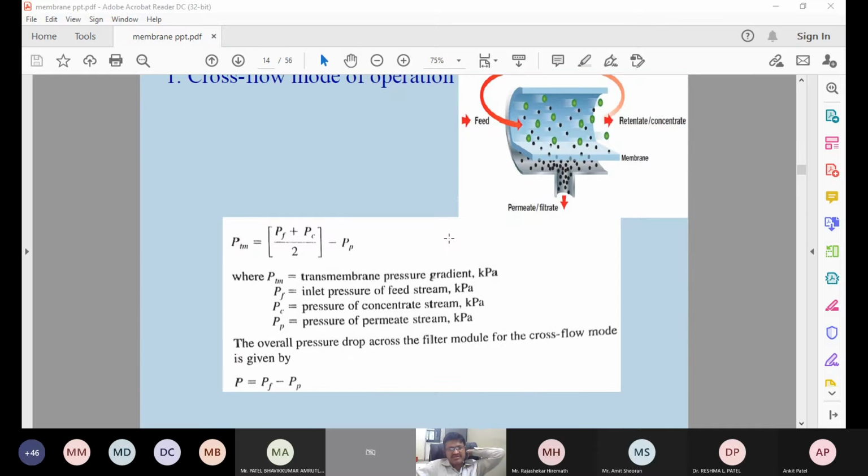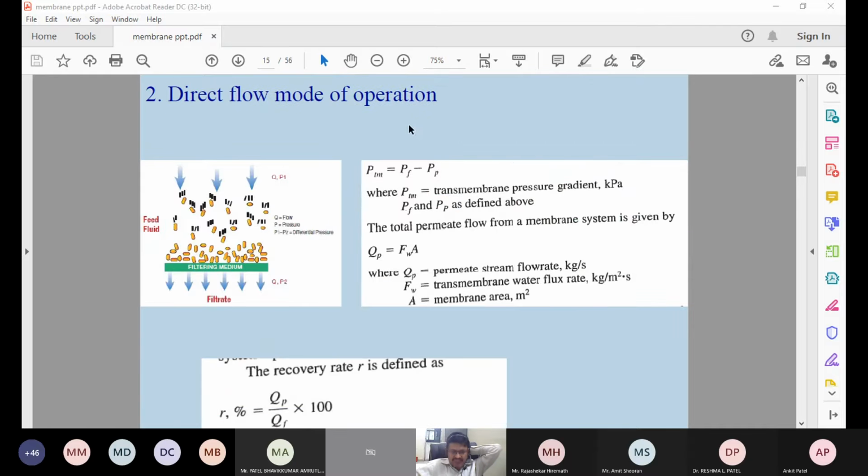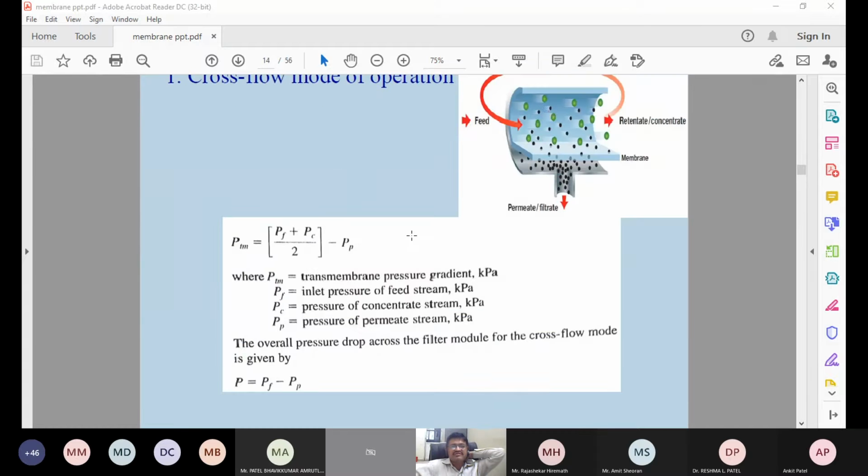Now another operation is direct flow mode of operation. Direct flow means the membrane is there and the feed is directly perpendicular to it. Here in cross flow, you see, the feed is parallel to this membrane.